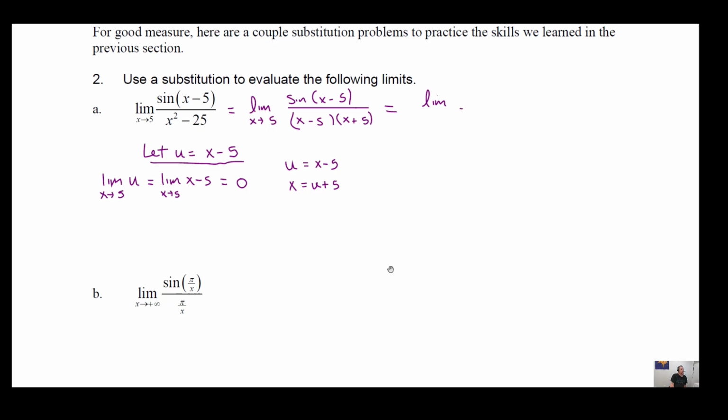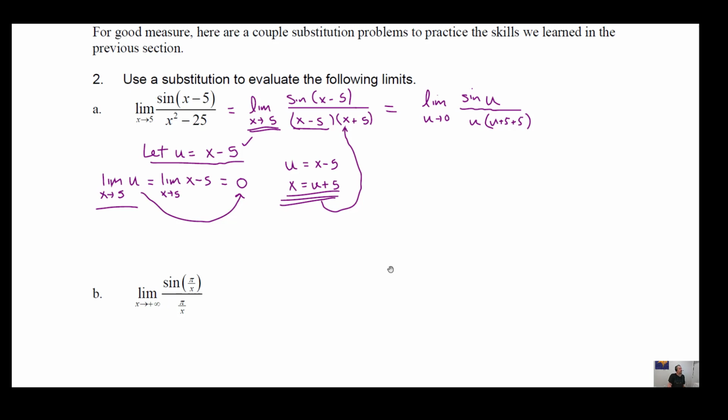All of this together allows me to take the expression I had, which was a sine of x minus 5, but that's now u, over x minus 5, which is u, multiplied by x plus 5, and here I can see that x is u plus 5, so this would become a u plus 5 plus 5, and as x goes towards 5, I can see that u was tending towards 0.